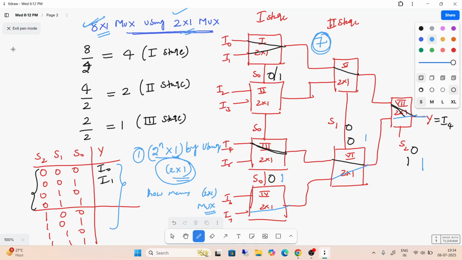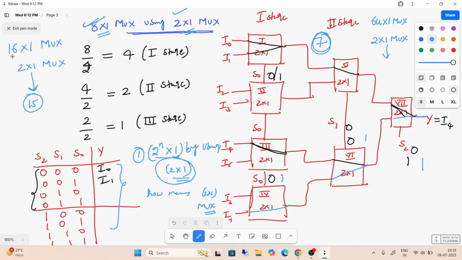Next I implement 16x1 MUX by using 2x1 MUX, how many 2x1 MUXes are required? 15 are required. Similarly, let us take a 64x1 MUX that I need to implement with 2x1 MUX. How many are required?